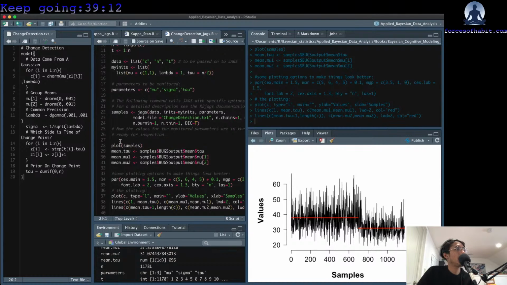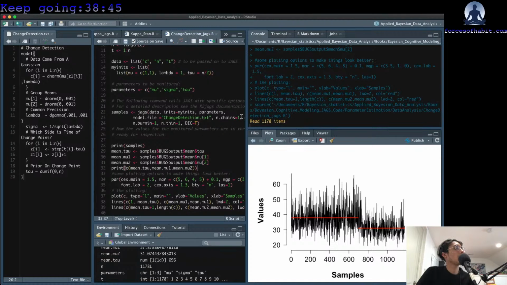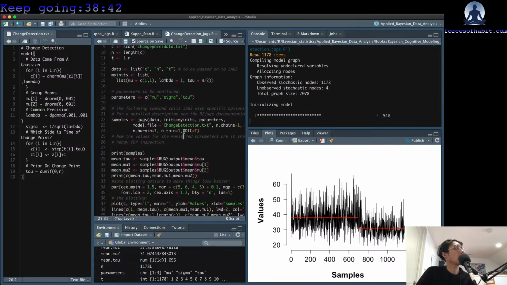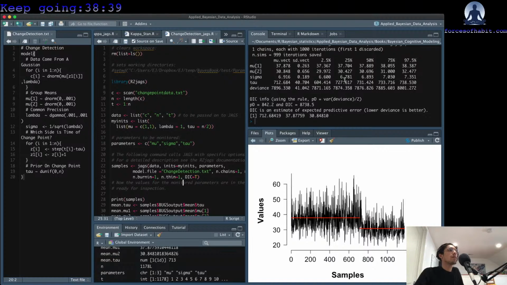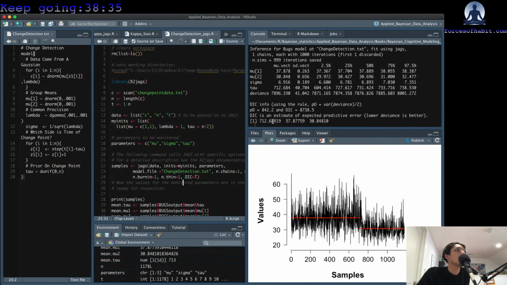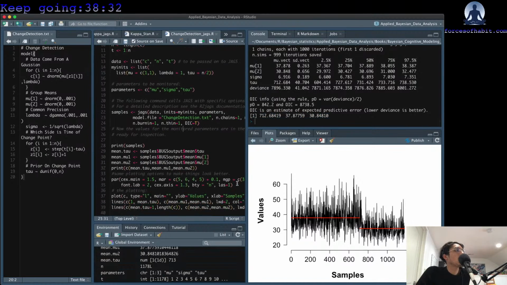Essentially, I might as well print. Average of mean 1, average of mean 2.